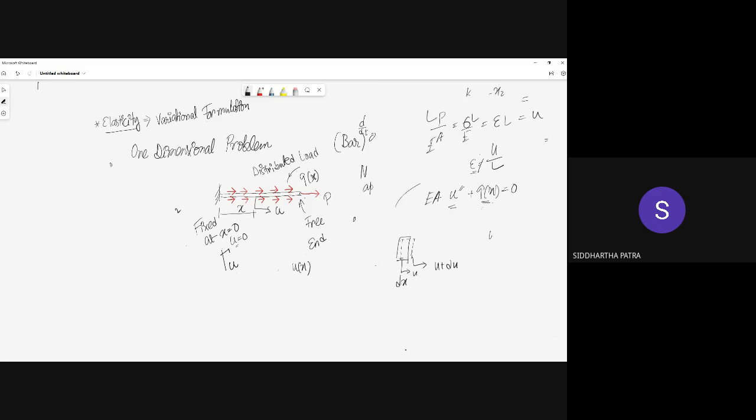Then the change in length is u plus du minus u. So this gives you the change in length divided by dx. That's what is defined as strain, which is essentially du/dx, or u prime.